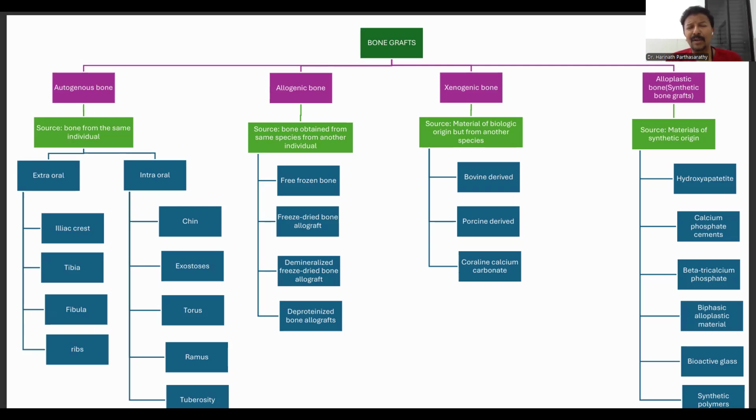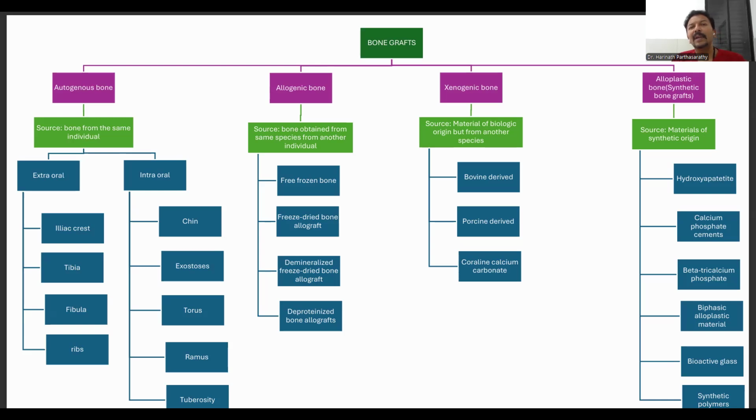And because of the superior technology available now, the bone formation process has been more refined with the use of these xenogenic graft materials. The most common sources for these xenogenic bone grafts are bovine, porcine, and coral derivatives, coral calcium carbonates.